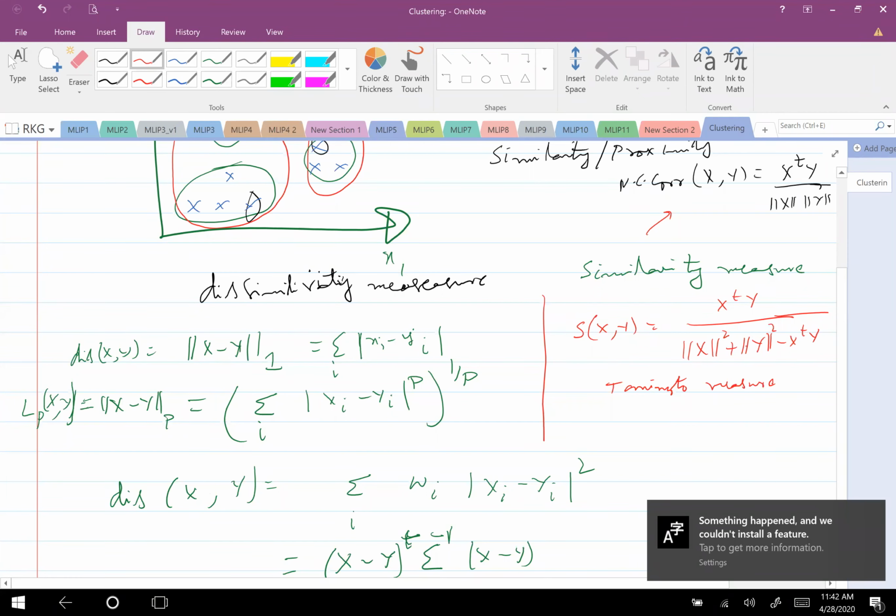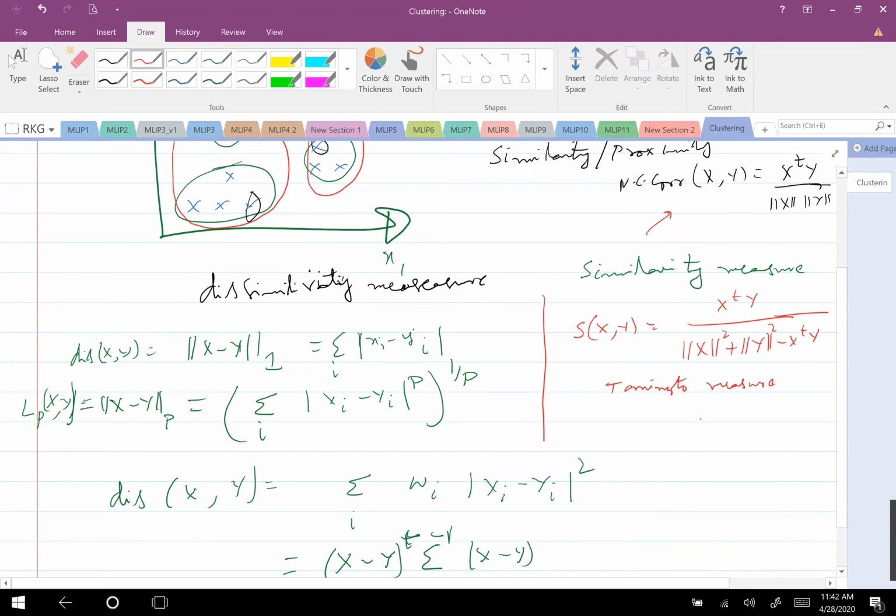What is the range of this? 0 to 1. Because x can be 0, in that case it is 0, otherwise 1.